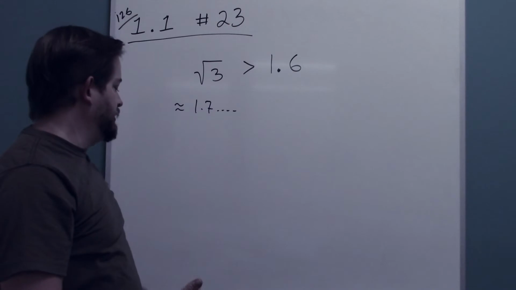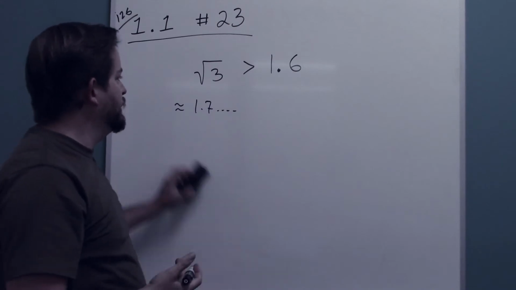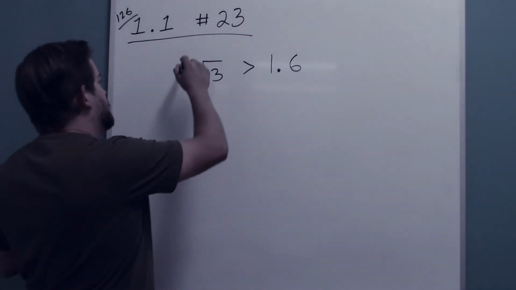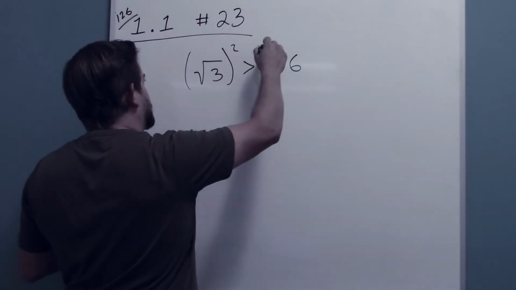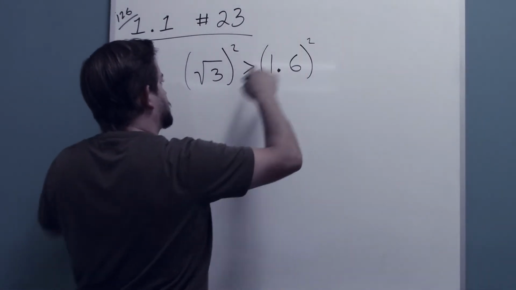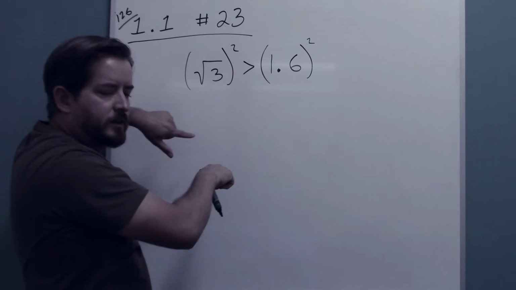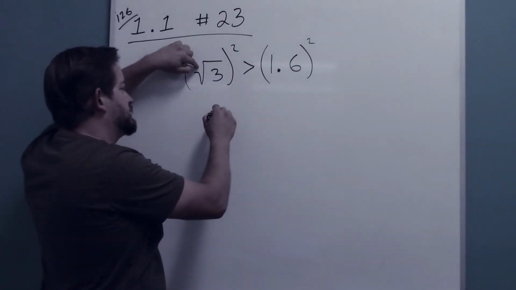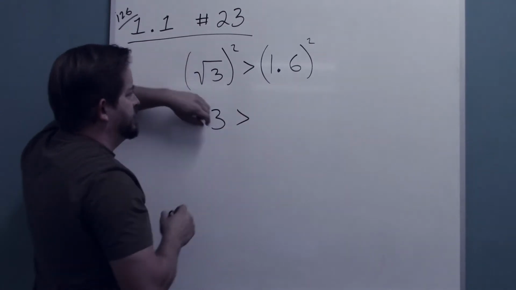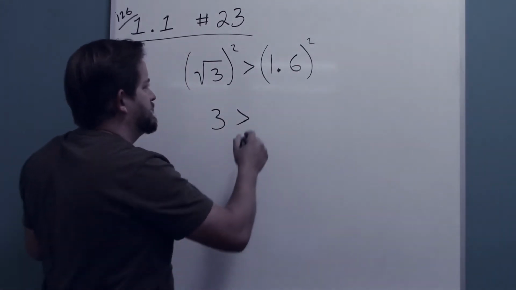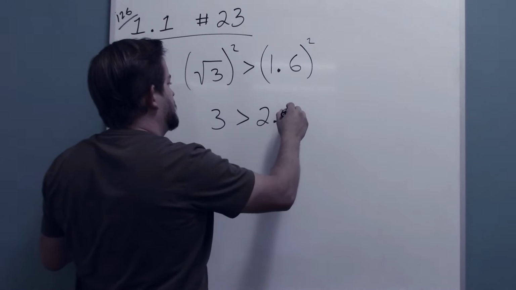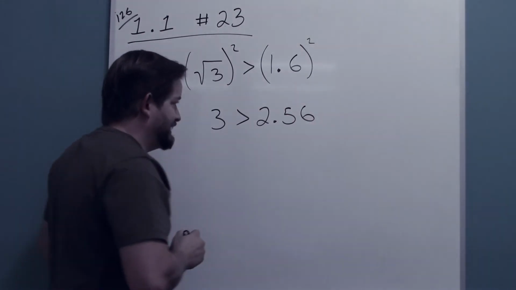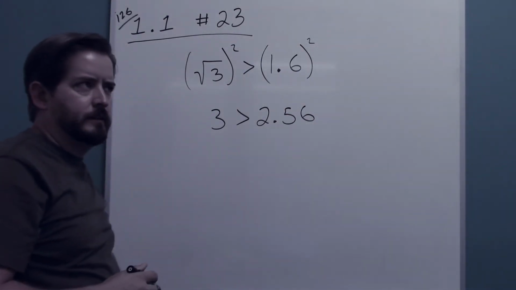If you don't have a calculator, another thing you can do is square both sides. If I square this side and I square this side, they're both positive, so if one is greater than the other, their squares will also be greater than the other. The square of the square root of 3 is just 3. If I take 1.6 and square it, I get, I want to say, 2.56. Check that on a calculator.